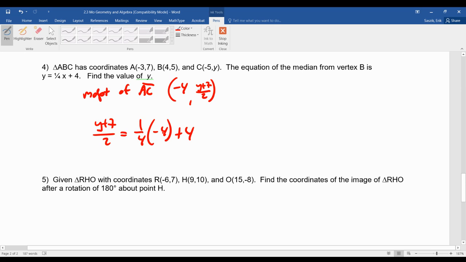So this is going to be what? Negative 1 plus 4 is 3. So I have y plus 7 over 2 equals 3. I'm going to do a little bit of cross multiplying, move the 7 over, and we're all set.